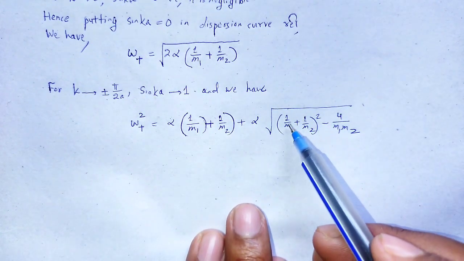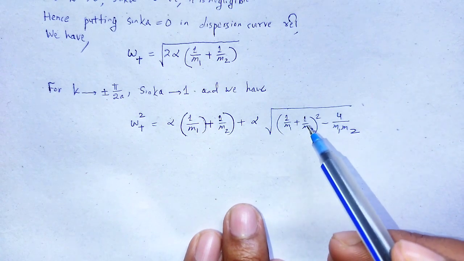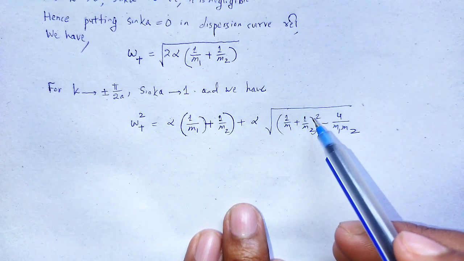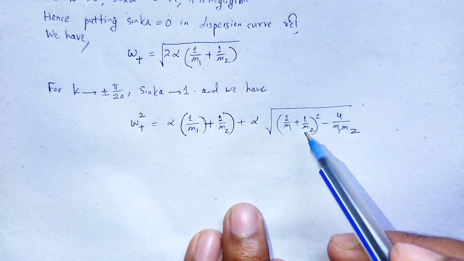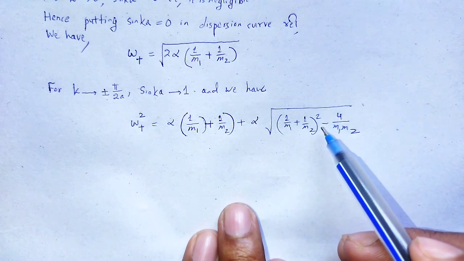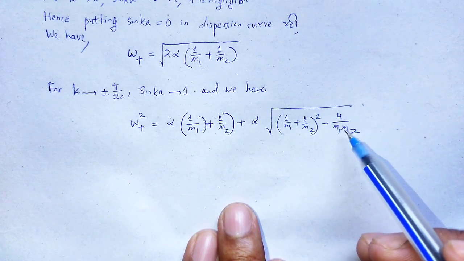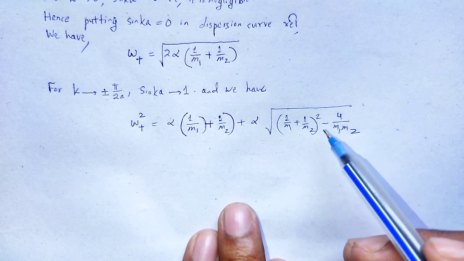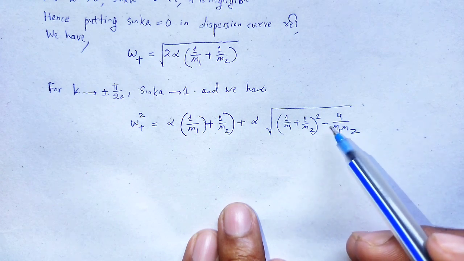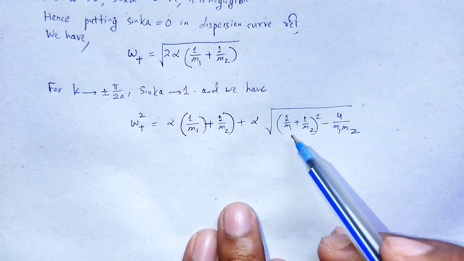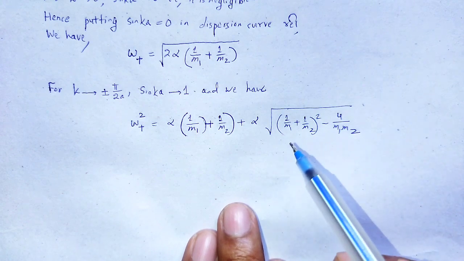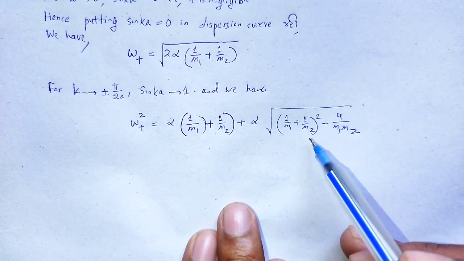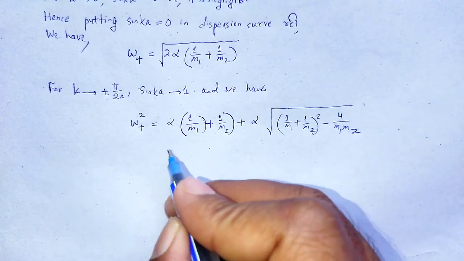Here (a plus b) whole square is a square plus b square plus 2ab, and 2ab is 2 divided by m1 into m2, so 2 divided by m1 m2 minus 4 divided by m1 m2. Finally, we achieve minus 2 divided by m1 m2. Therefore, the entire term will be 1 by m1 minus 1 by m2 whole square.